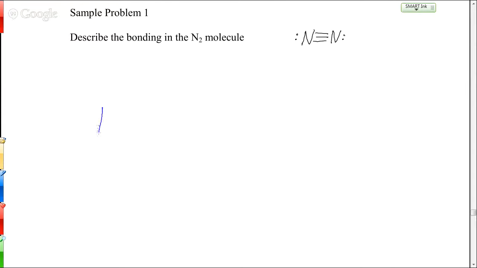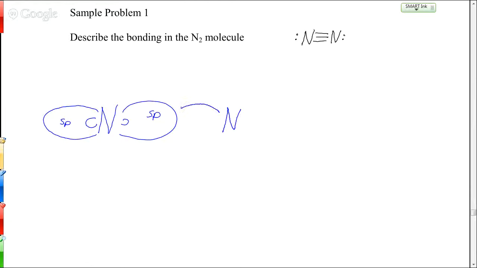So each nitrogen is going to have 2 hybrid orbitals, sp orbitals. So there's the sp going one way, and then there's another one going the other way. Same thing with the other nitrogen. sp, sp.